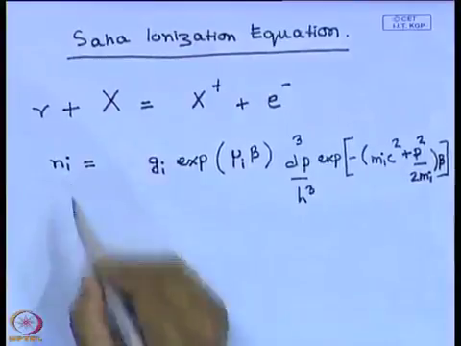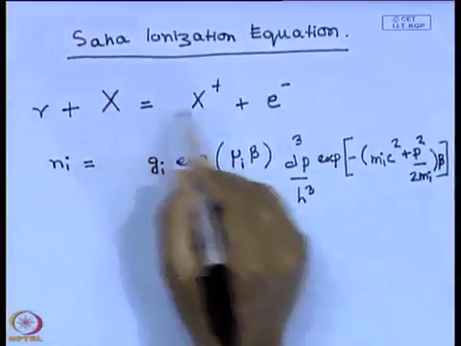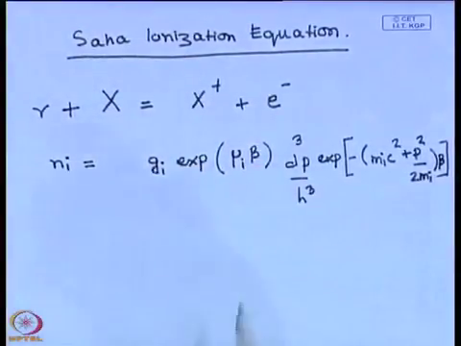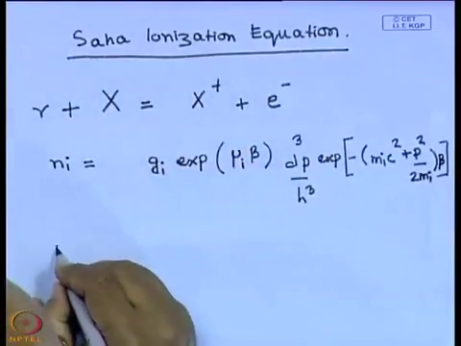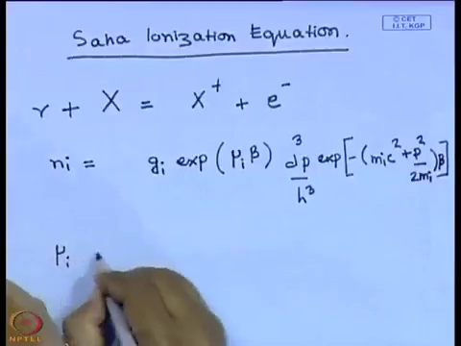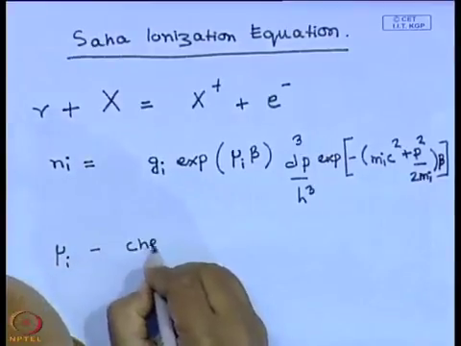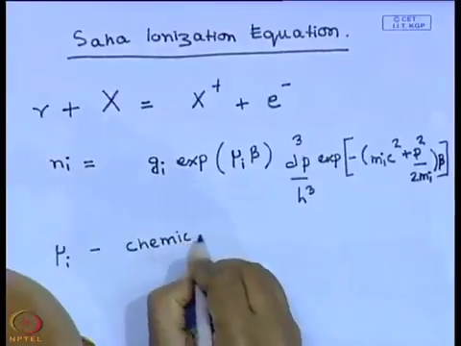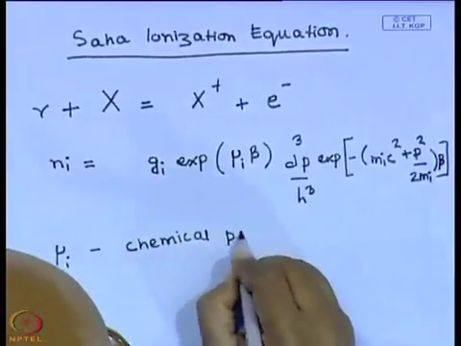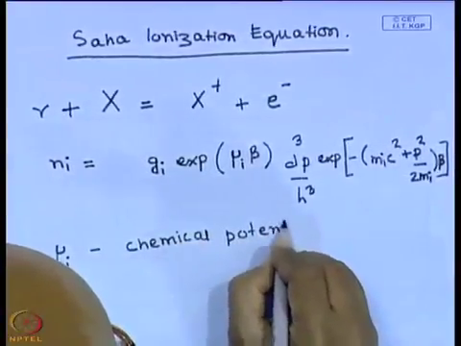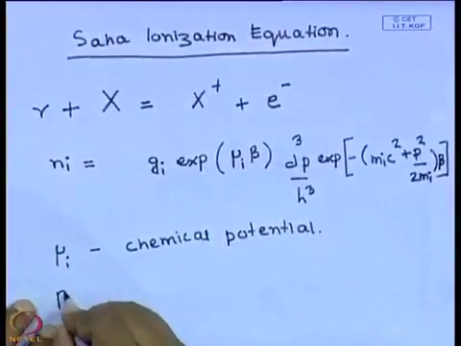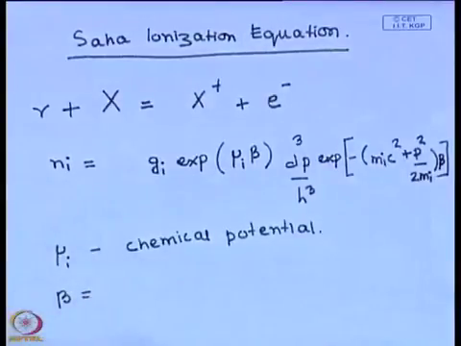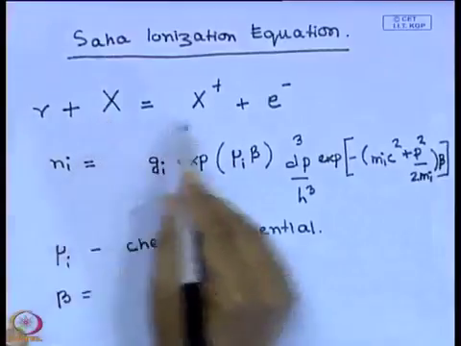So, we are looking at the ith species. g_i is the degeneracy of the ith species. mu_i is the chemical potential of the ith species, beta is the same for all of these species, same for the photon, these atoms, the ion and the electron.